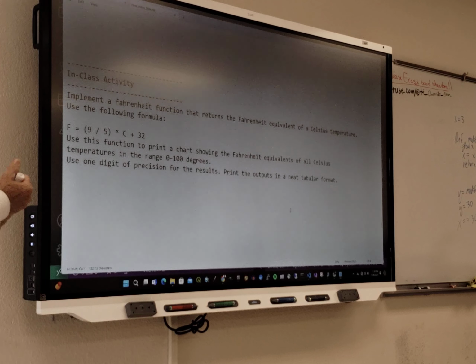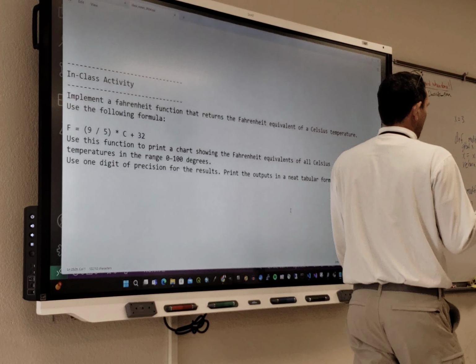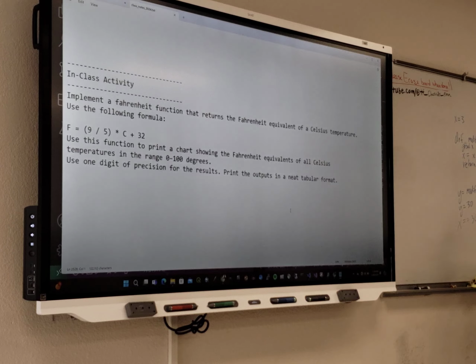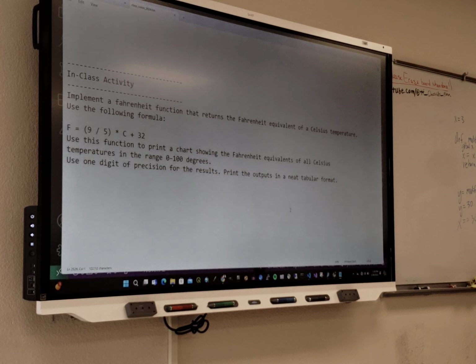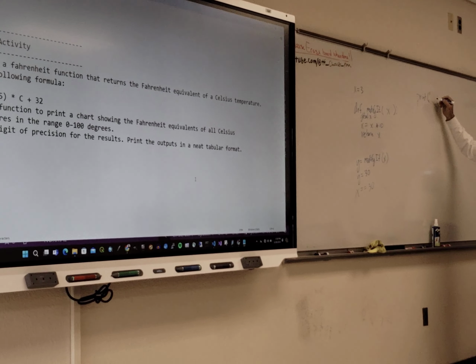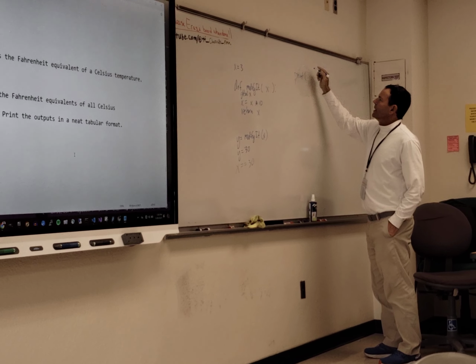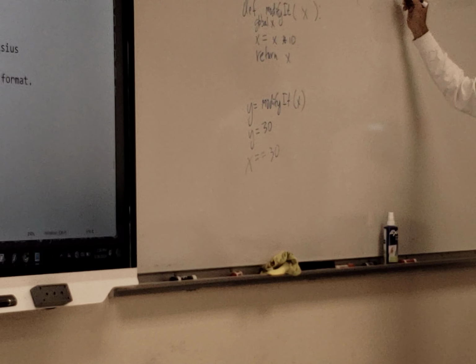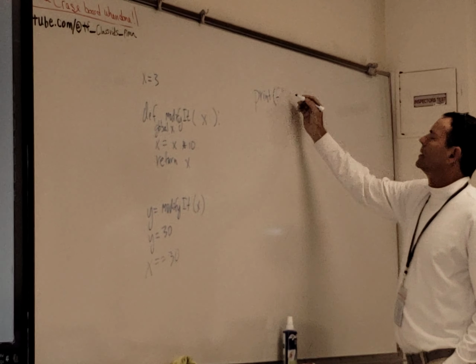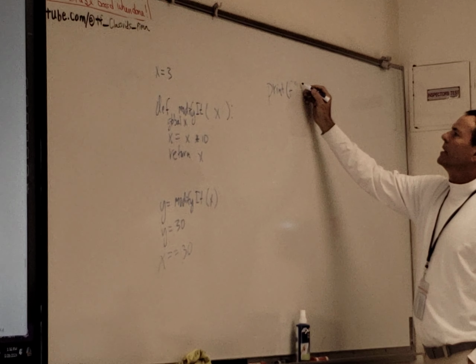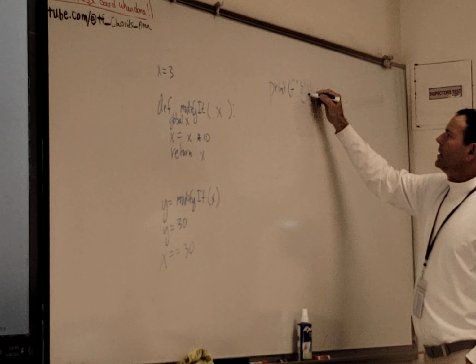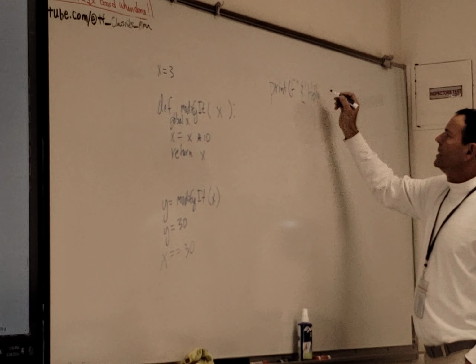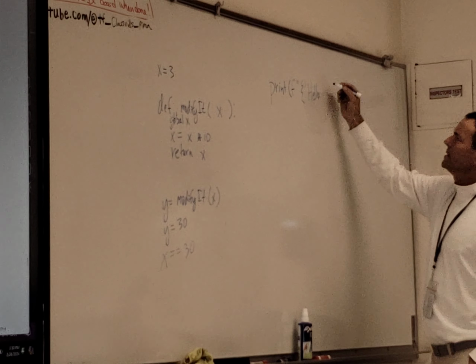And you guys remember, when you right align something, if I wanted to print out, for example, hello, and right align it, I'm going to make it a formatted print, right? And then I'm going to put hello in here. So I'm going to use a double quote then a single.